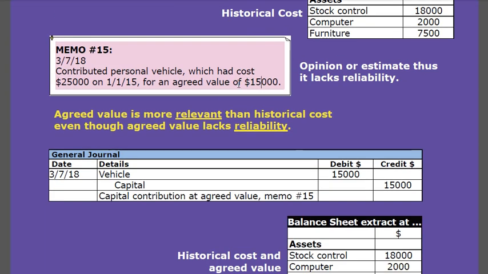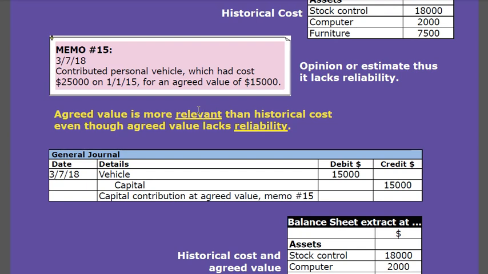However, this agreed value of $15,000 is certainly more relevant than the historical cost figure of $25,000. Remember, that $25,000 was not relevant for the business entity. That was for the individual, the owner as an individual. So the agreed value, $15,000, lacks reliability, because there's no precise documentation to verify this value.